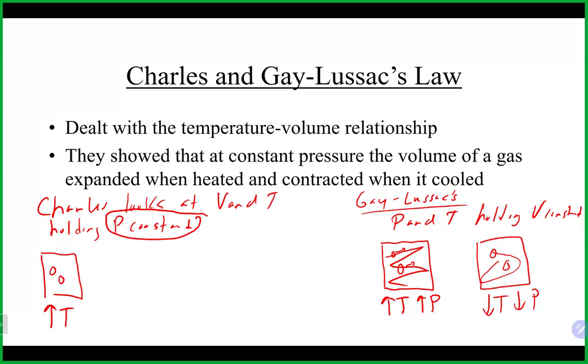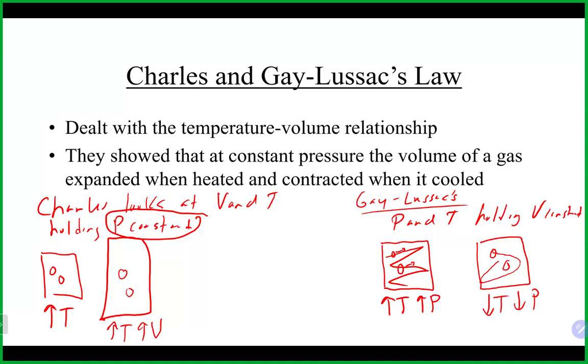What happens in a Charles' law situation is, dramatic drawing, the volume will increase in the container. As the volume increases, that's going to allow everybody a lot more room to fly around in. So even though they're moving faster, the Charles' law situation is going to adjust to give everybody a lot more space.